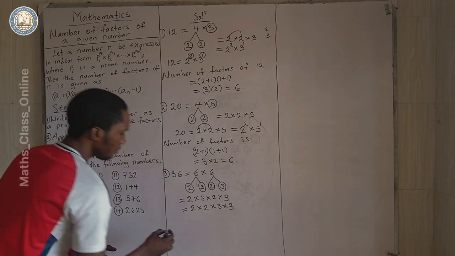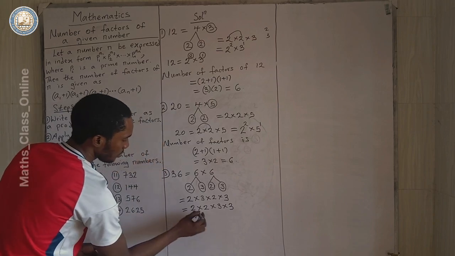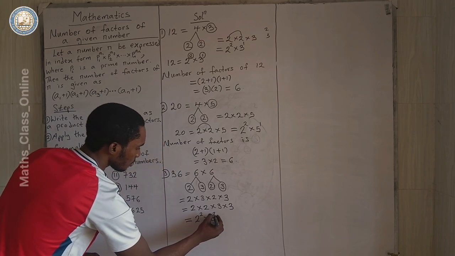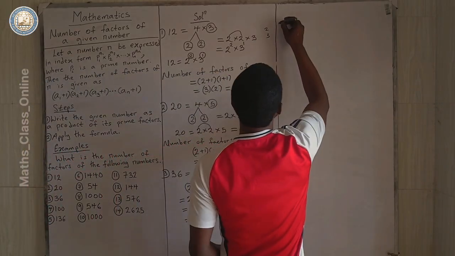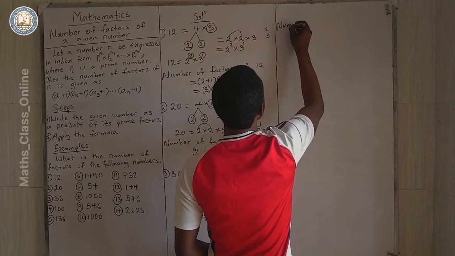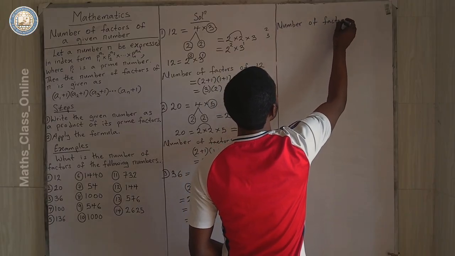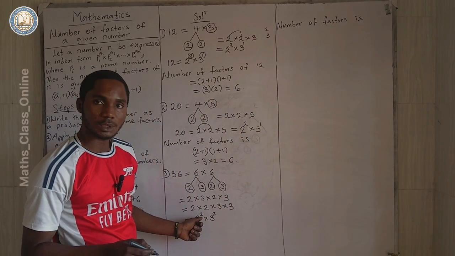In index form, how many 2s? That is 2. Times 3. How many 3s? That is 2. What will be the number of factors of 36? The power we have here is what? 2.